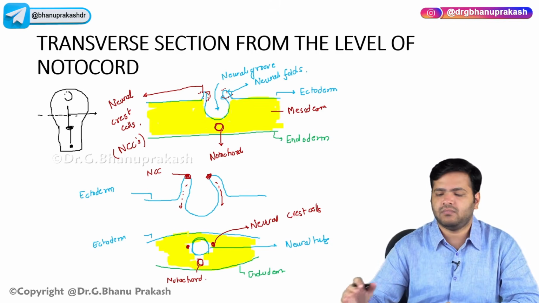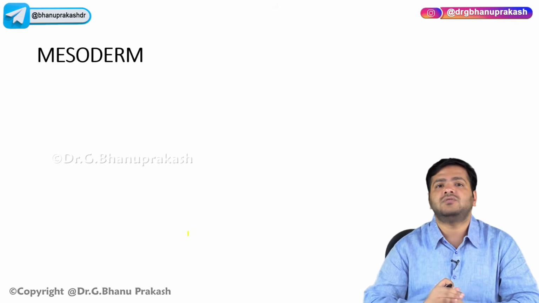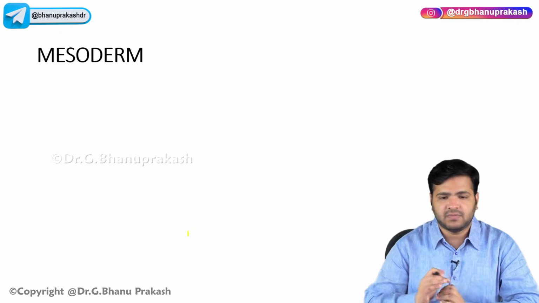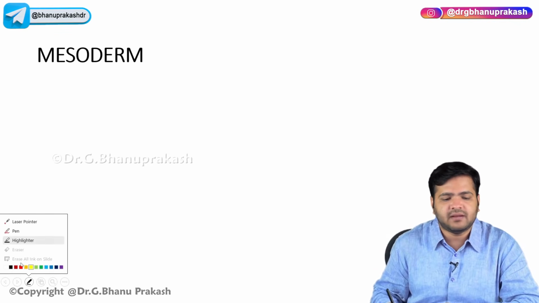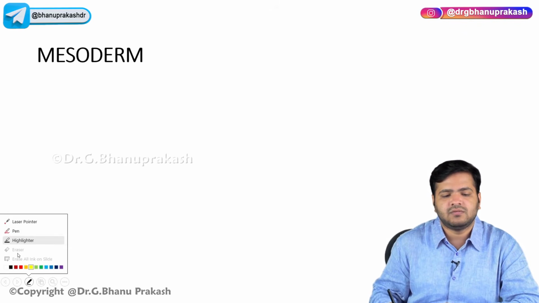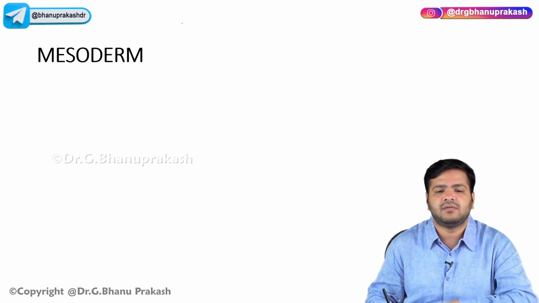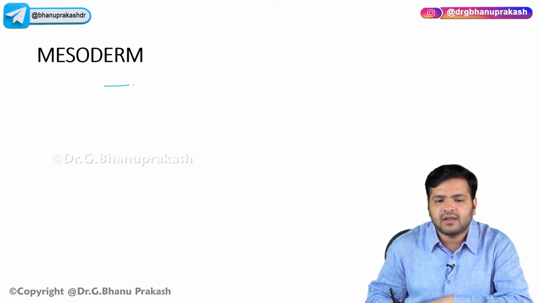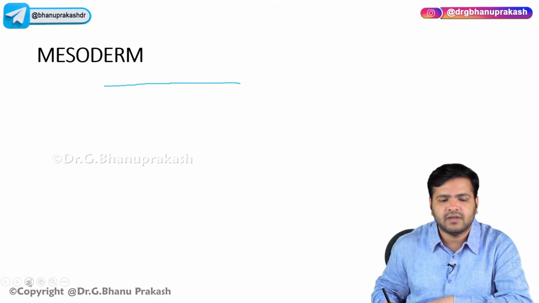Now the mesoderm. Now coming on to the mesoderm, let us draw a very simple diagram and understand. So you already know we have, yes, let us draw and understand. Now let us suppose this is the ectoderm, right?